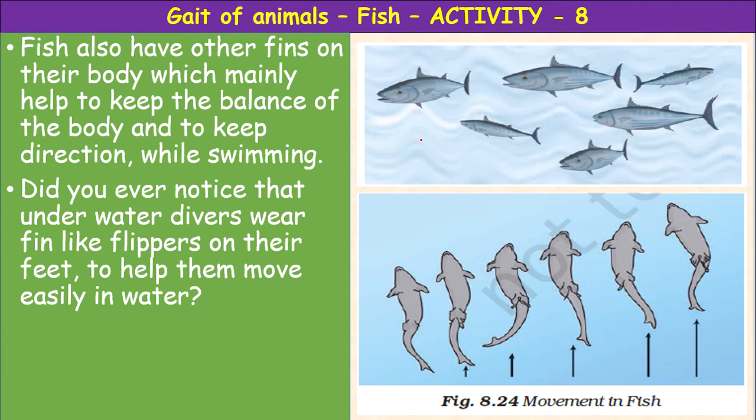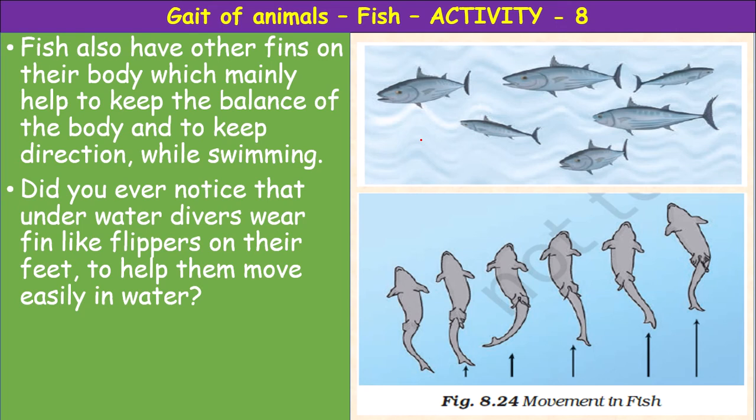So their body is also covered by scales, okay, different types of scales. They are slimy. Slimy means slippery. If you try to catch the fish, it will slip from your hands due to that slime. That slime which is secreted from the slime glands of the skin of fish helps the fish to pierce easily in the water.